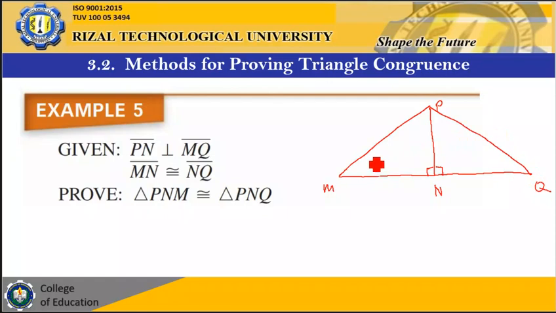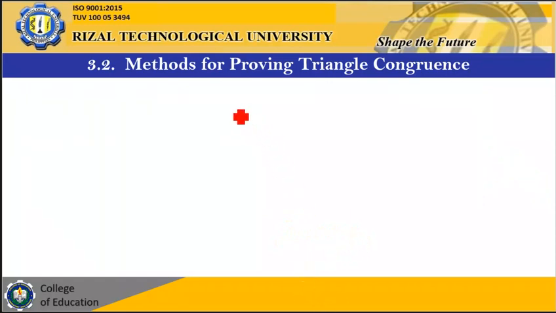Now, one of our given suggests that segment MN is congruent to segment NQ. Now let's show that triangle PNM is congruent to triangle PNQ. So again, our proof would have our statements and our reasons.